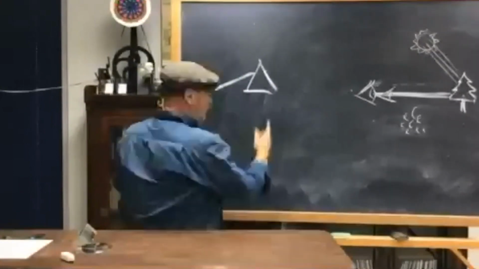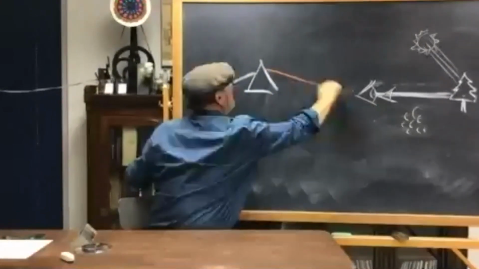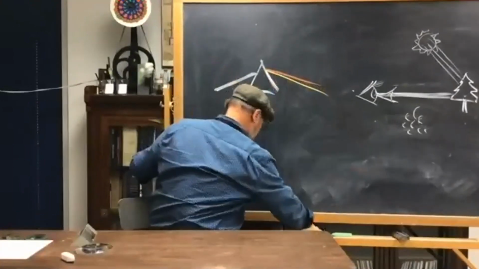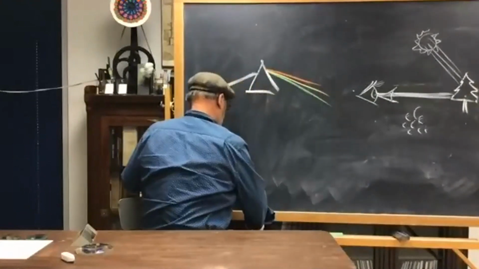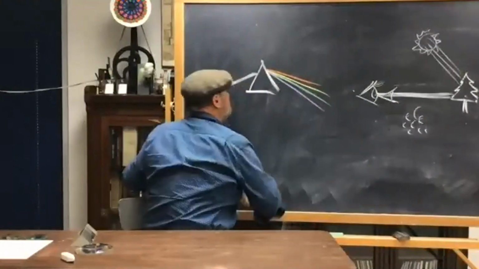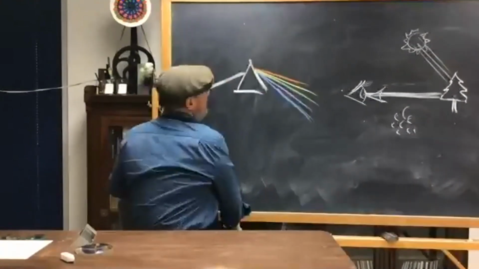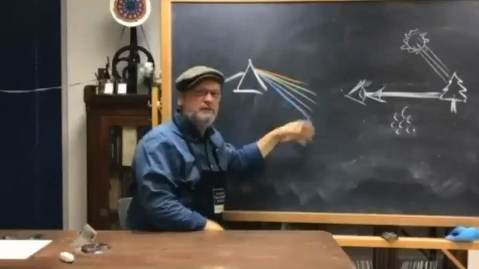The white light will be broken up into different colors. The colors will go in a sequence. It goes something like this. There we go. So we have white light into all the colors that make white light.